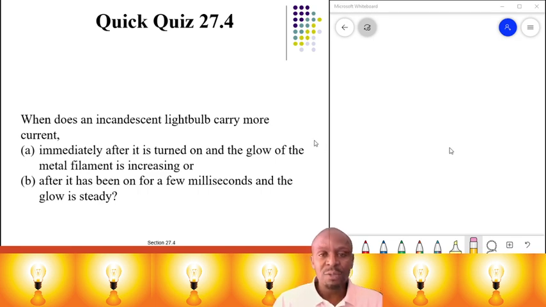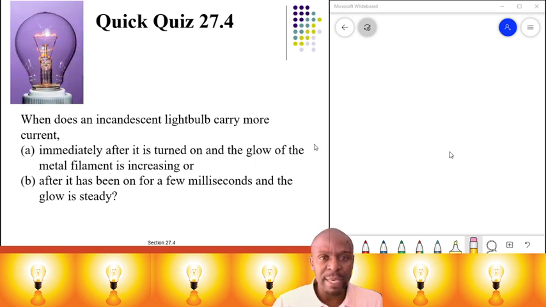Now, let us also do the following quick one, and it is about the incandescent light bulb. The question is just asking, when does this bulb carry more current?